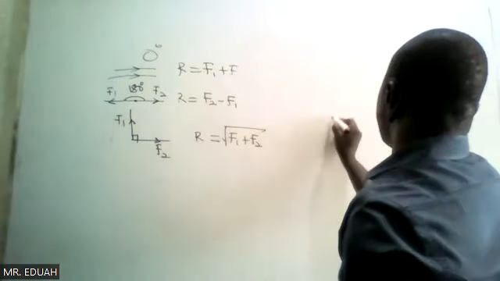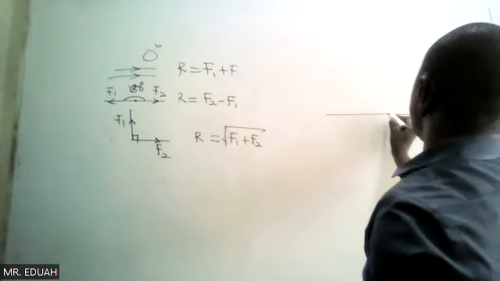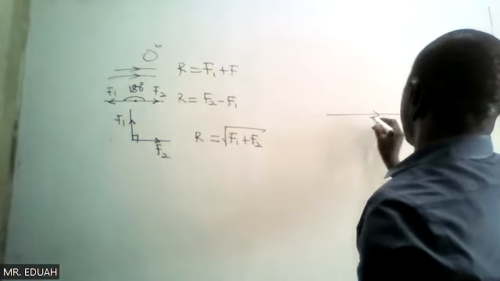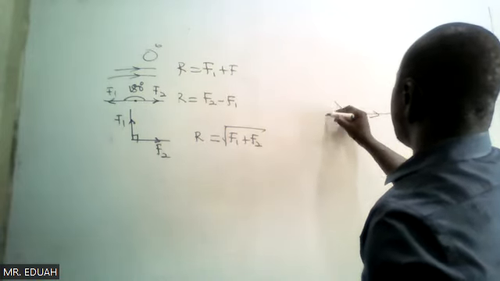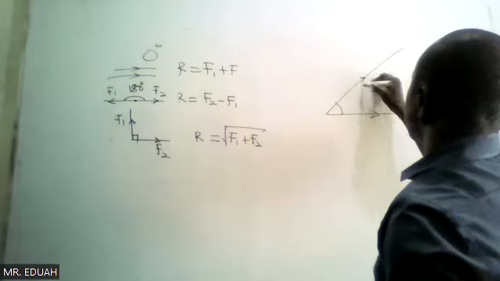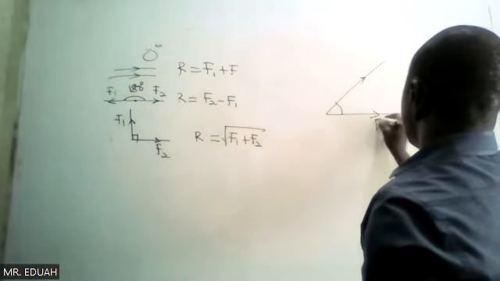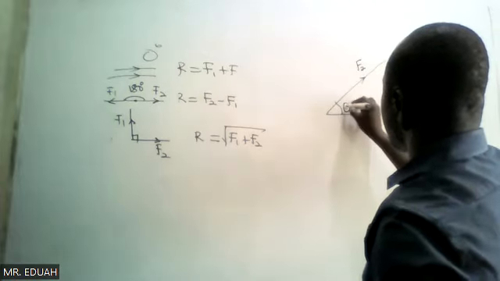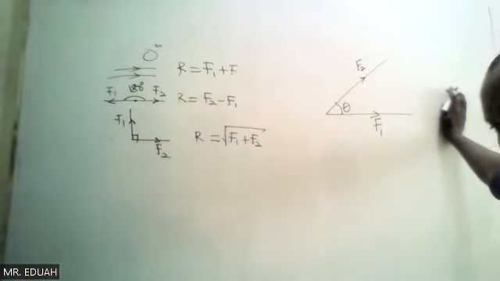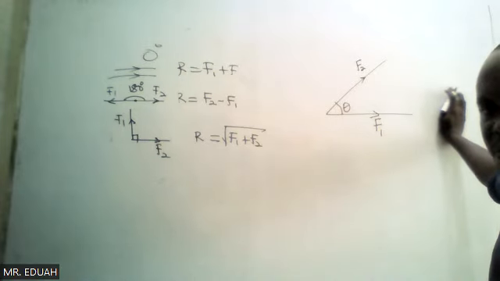So we are still on when the vectors are moving along two planes. But this time the angle between them is acute. What is an acute angle? An angle that is less than 90 degrees, greater than 0, less than 90.